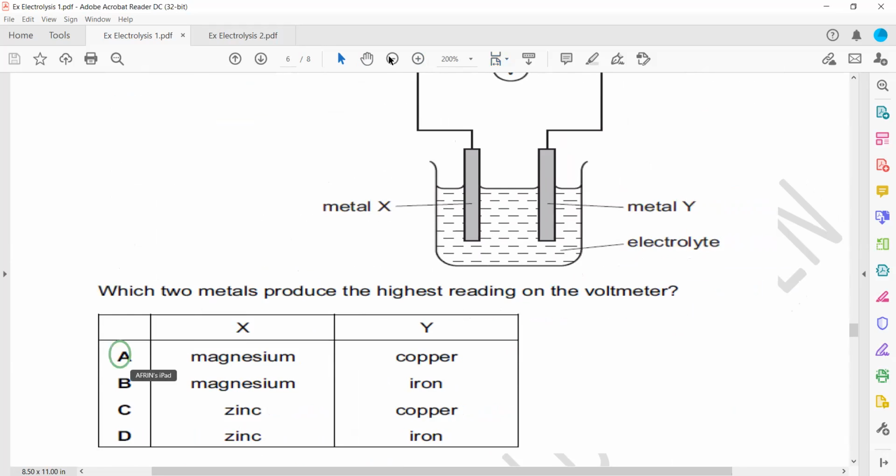So again, you work out from the reactivity: potassium, sodium, calcium, magnesium, aluminium, zinc, iron, lead, copper, hydrogen is there, mercury, silver, gold, platinum. So we have magnesium and we have copper, which will have the greatest difference. That's why it will produce the highest voltage. Yeah, that's a repeated question.